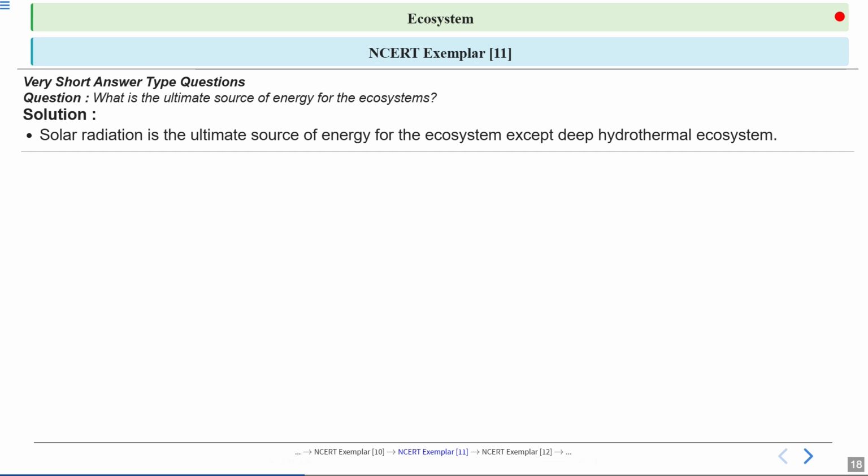Now producers like plants and algae capture this solar energy through photosynthesis and convert it into a usable chemical form like glucose. Meaning the sunlight is being captured and the light energy is being converted into food, you can say. This energy then flows through the food chain to all the other organisms.